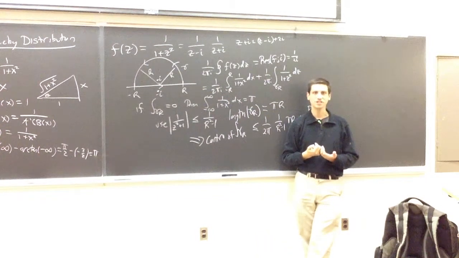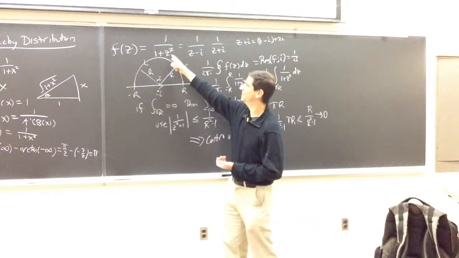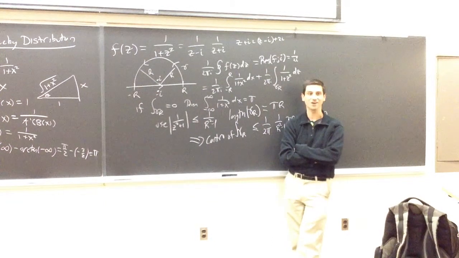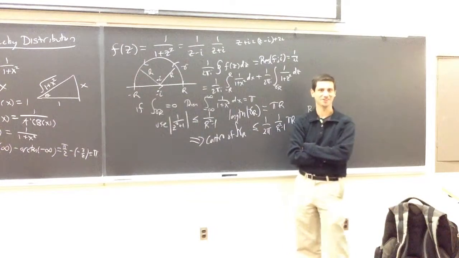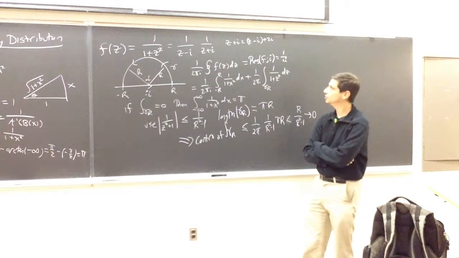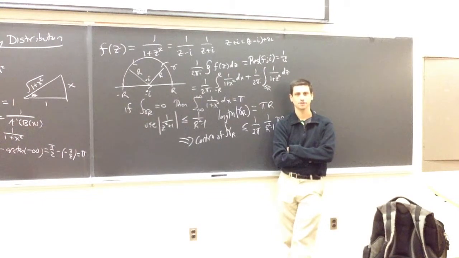Does anybody know the antiderivative of 1 over 1 plus x to the 4th? No. But if I replace the 2 with the 4, can we figure it out? Yeah. In fact, I know 2 people in this class have had to figure it out. Did we do contour integration for this when you were doing small? Okay. So this is a powerful, powerful way to use the Cauchy formula.